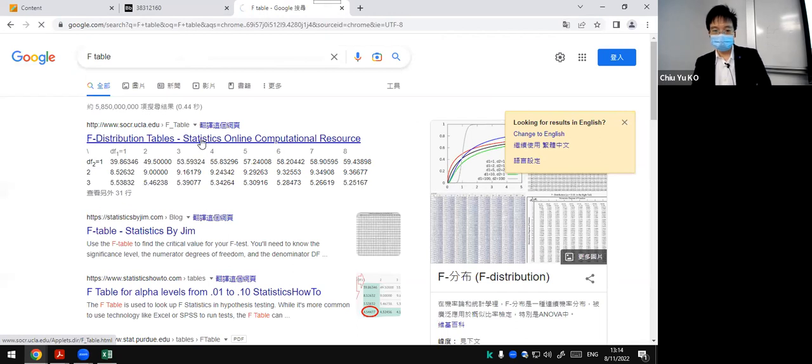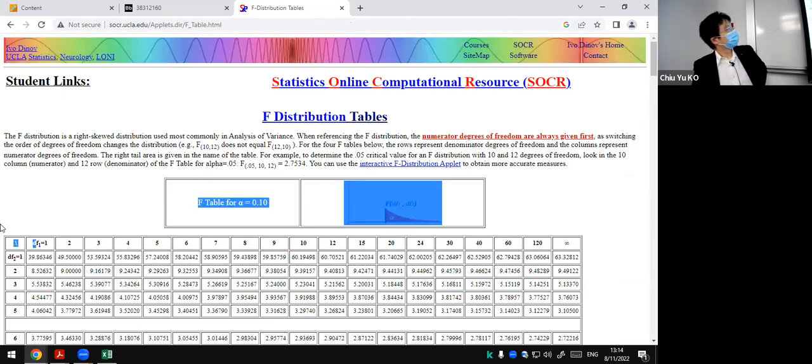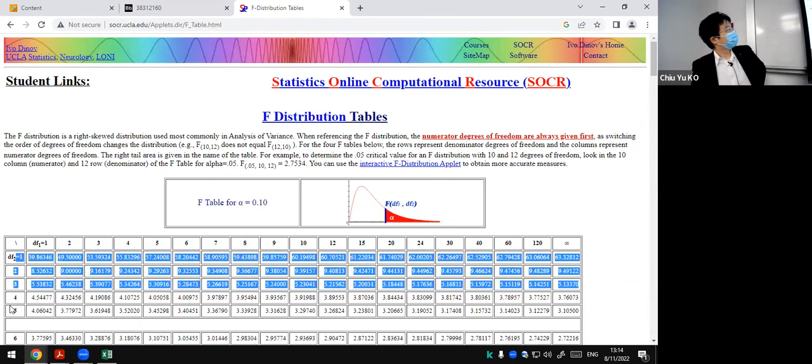I just randomly pick this one. In this example, the F table gives you the right-hand side, and they fix 90% already for this one. The columns represent DF1, which is the numerator, and DF2 is the denominator.